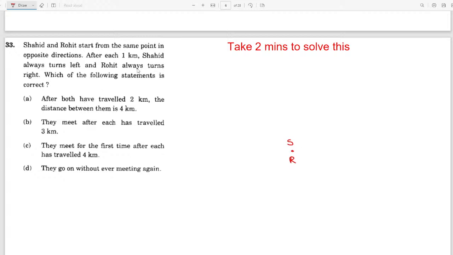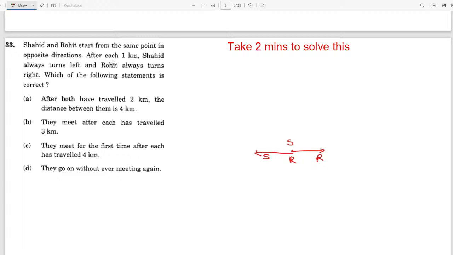They move in the opposite direction. Let's take this direction for Rohit, and this direction for Shahid. So Rohit moves in this direction to the right, and Shahid moves to the west direction.